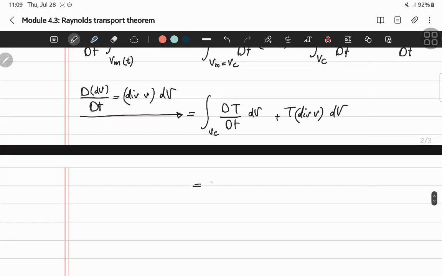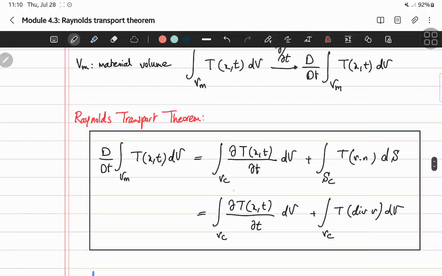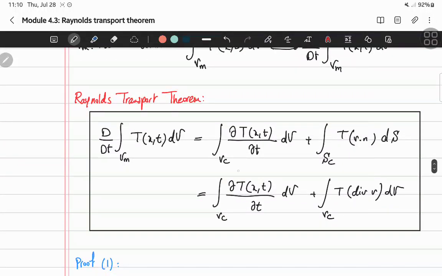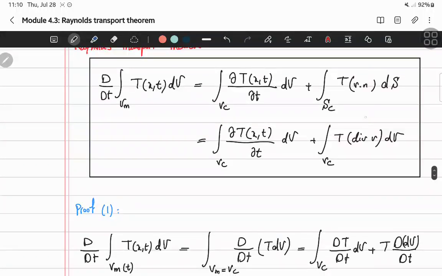So if you write this as the partial derivative of T with respect to t plus T divergence of v, whole dV over Vc, you get this equation in here.